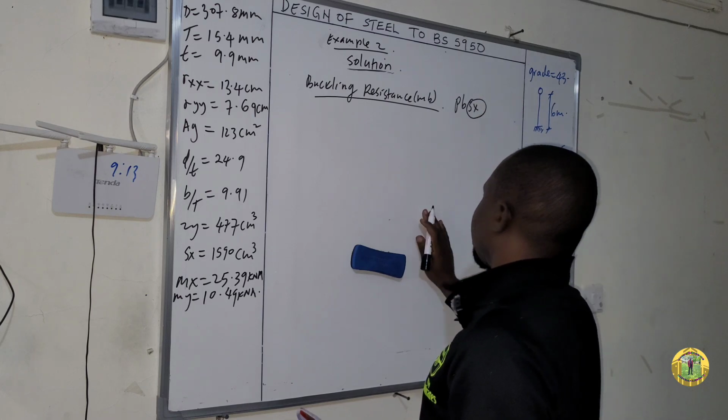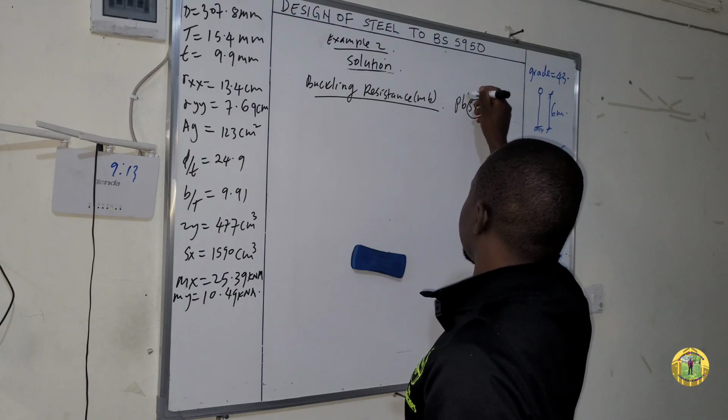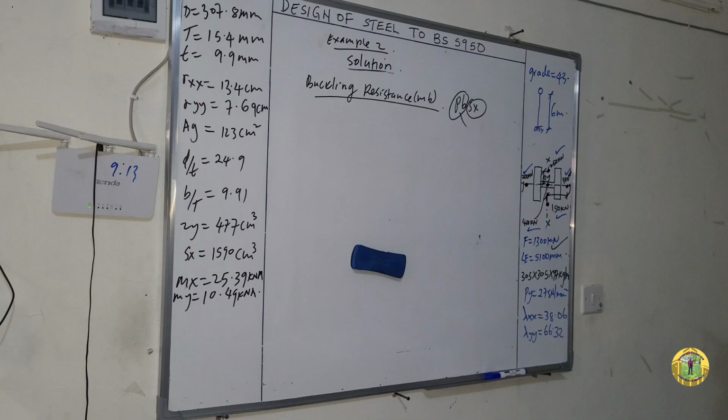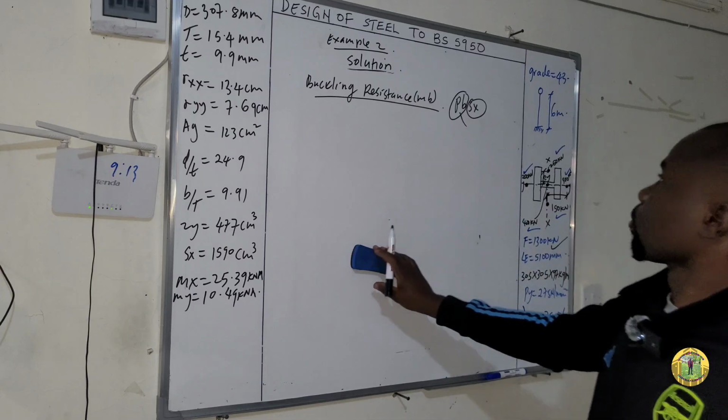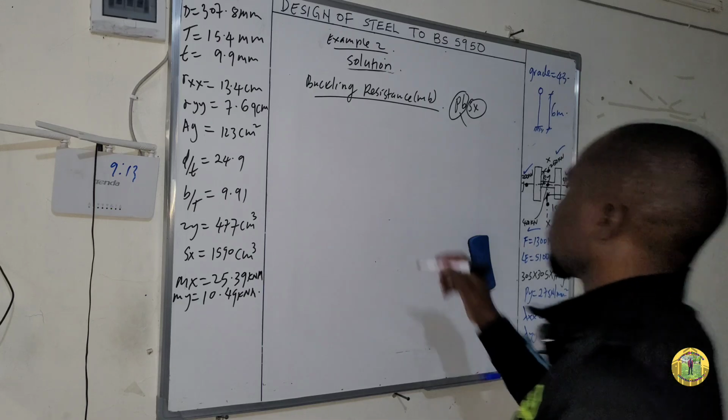This Sx is the plastic modulus, and this one is the bending strength. So we will begin with PB, bending strength.